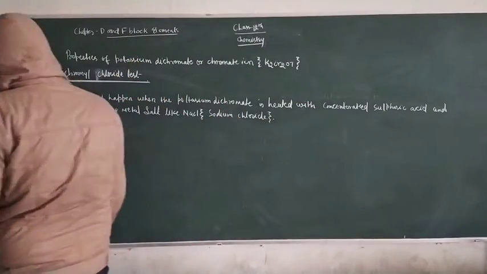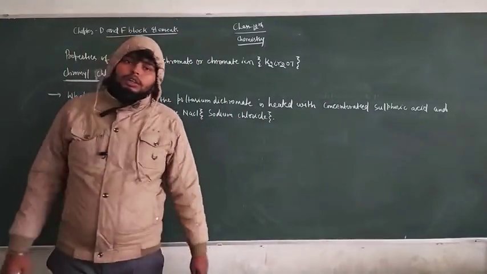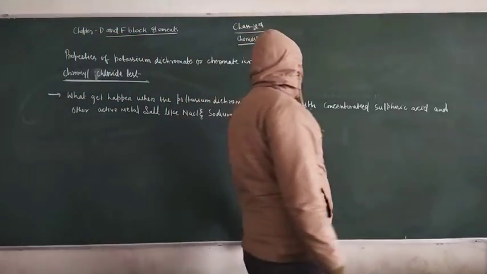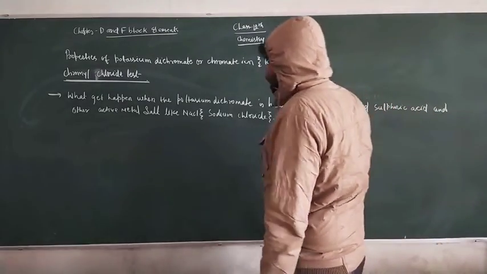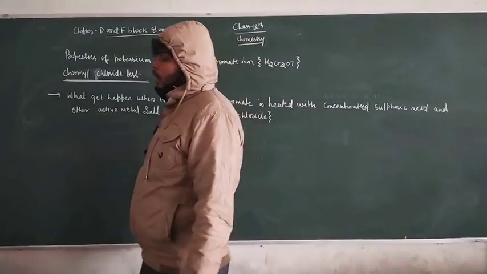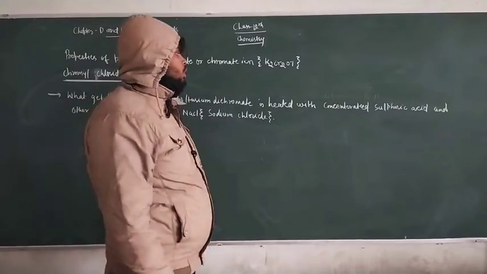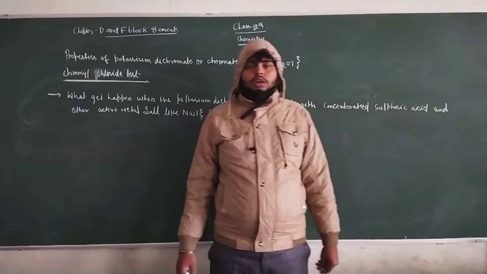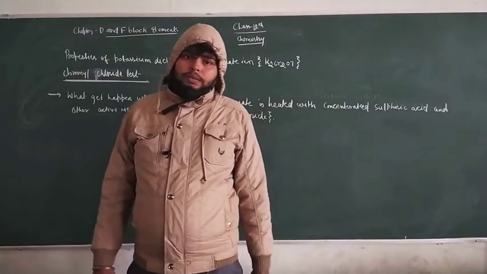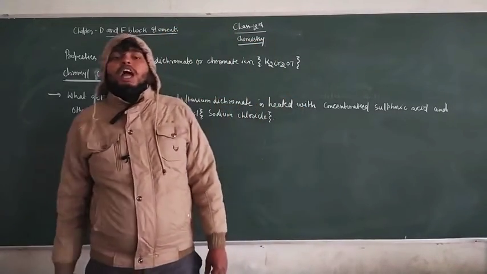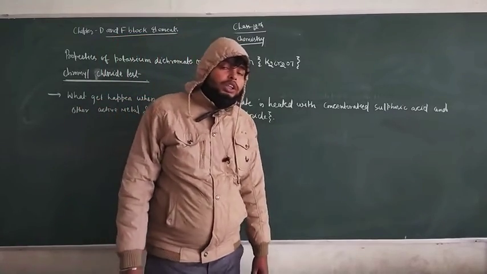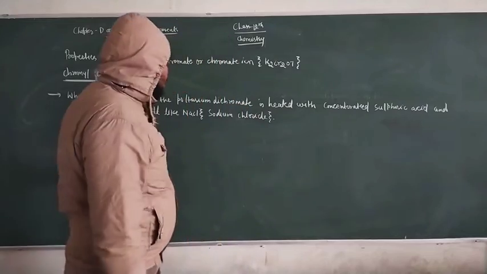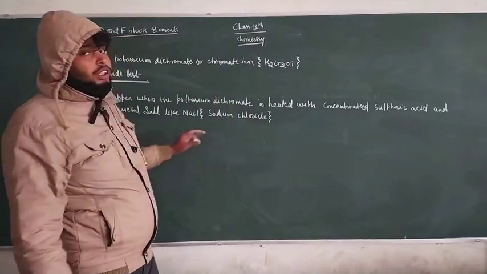So the property begins from this chromyl chloride test, the formation of chromyl chloride. Our reactant is potassium dichromate, concentrated sulfuric acid and any other active metal salt like sodium chloride. What is the result, what are the resultant products, what are the changes we can see, all are discussed in this section.